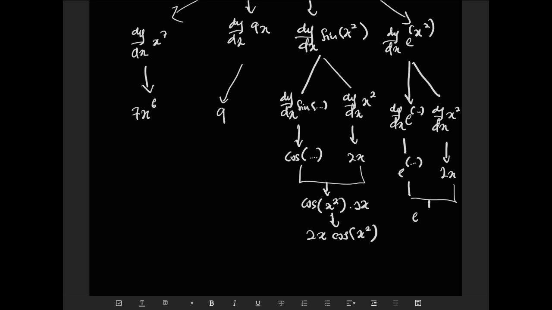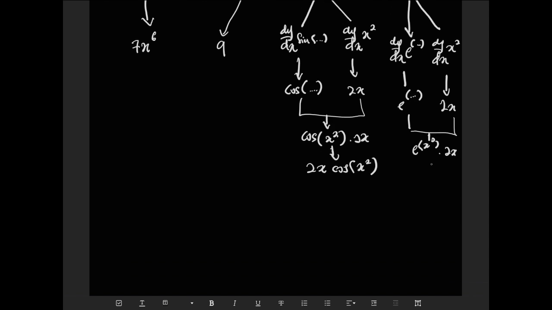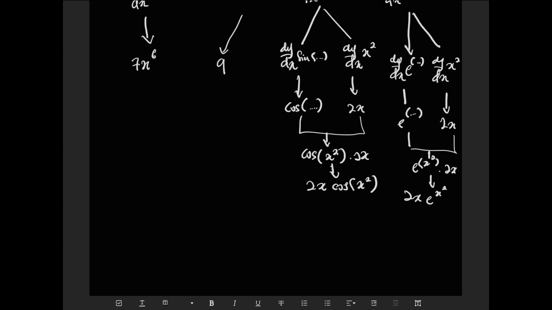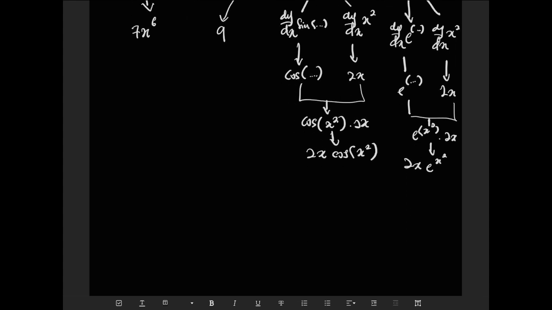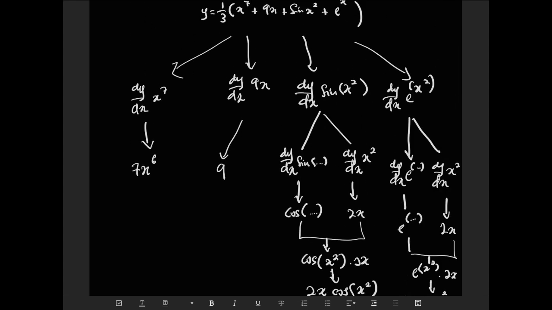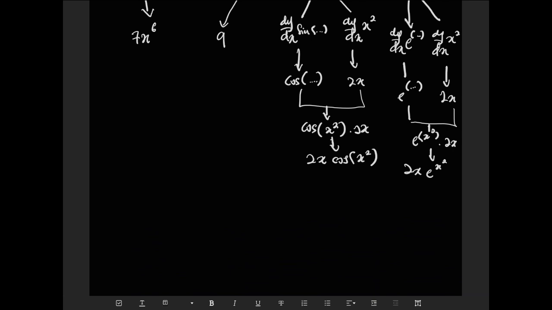So it is actually exponent of, let's put whatever is inside the bracket, which is x squared, times 2x, which will give us 2x exponent x squared.